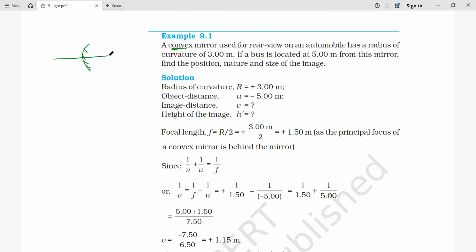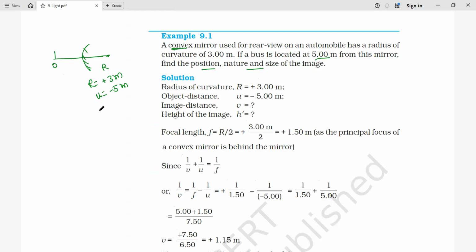The radius of curvature is on the right side, so finally this R will be a positive value. R is plus 3 meter. If a bus is located 5 meter from the mirror, the bus will be on this side, the object will be on this side. So u is negative, minus 5 meter. Find the position, nature and size of the image.